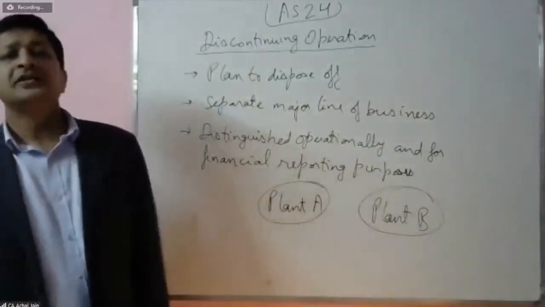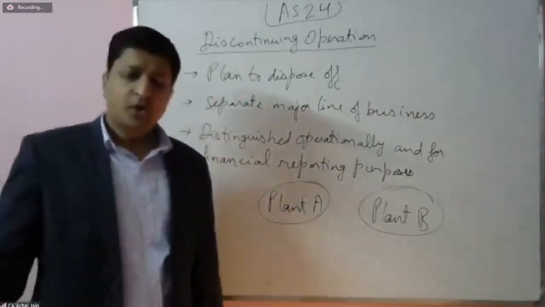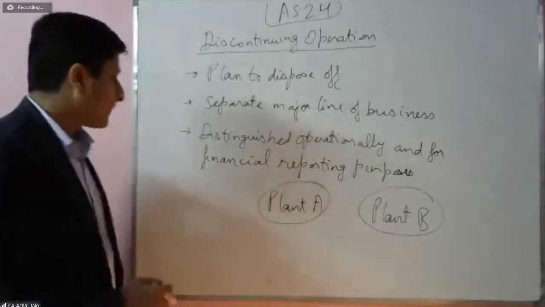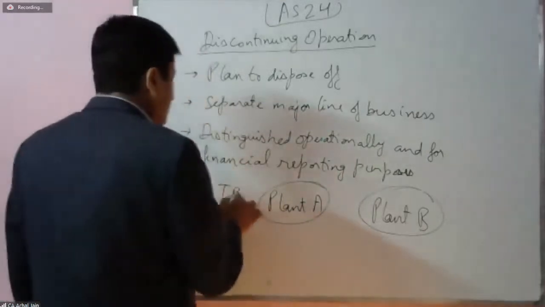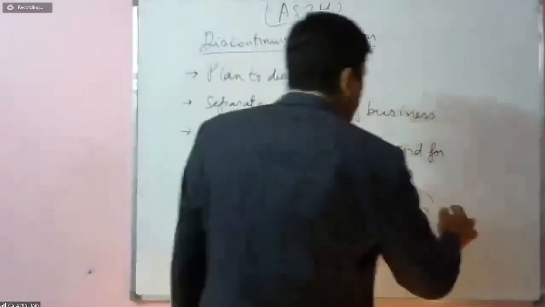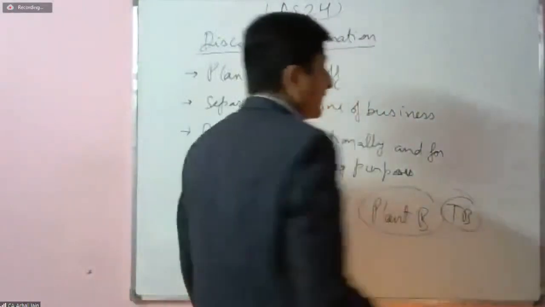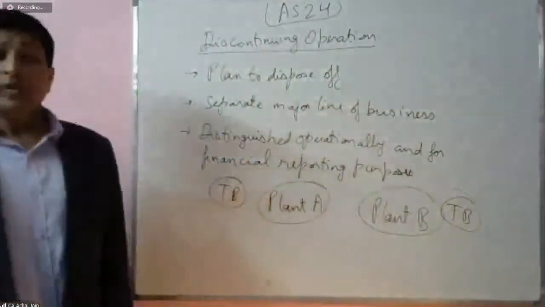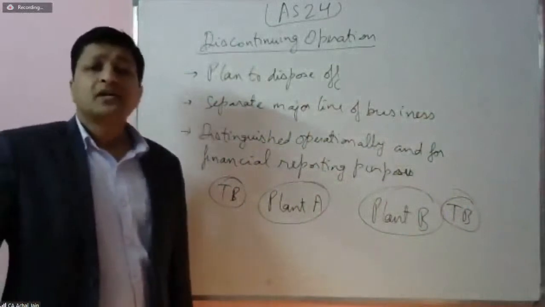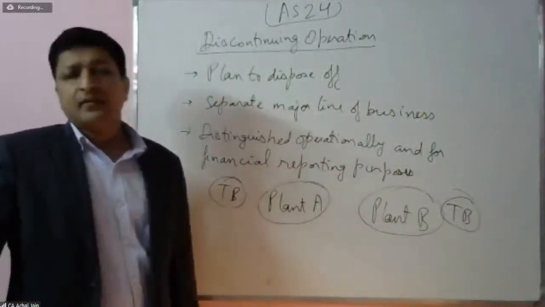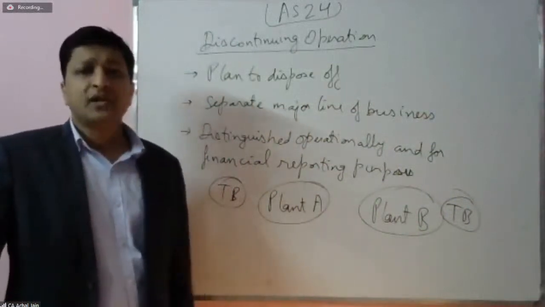That is how the financial statements of the company are drawn. So a separate trial balance is available for this as well as this, meaning the data for both the plants are separately available in terms of the financial numbers.